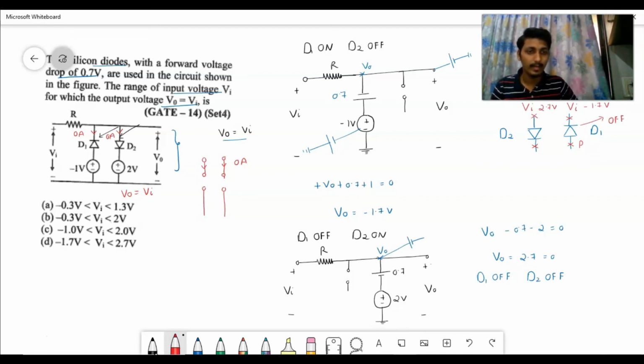So for N terminal it's not dominant, then it will also be in off condition. So the final range will be minus 1.7 less than Vi less than 2.7. So this is our range for V0 equals to Vi to be satisfied. So D is our final answer.